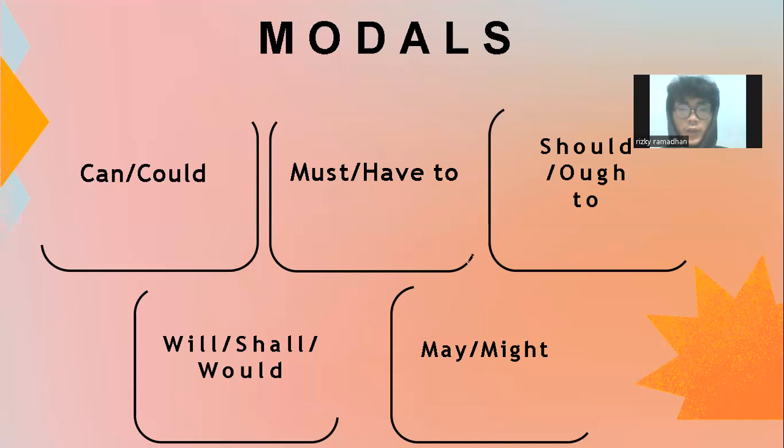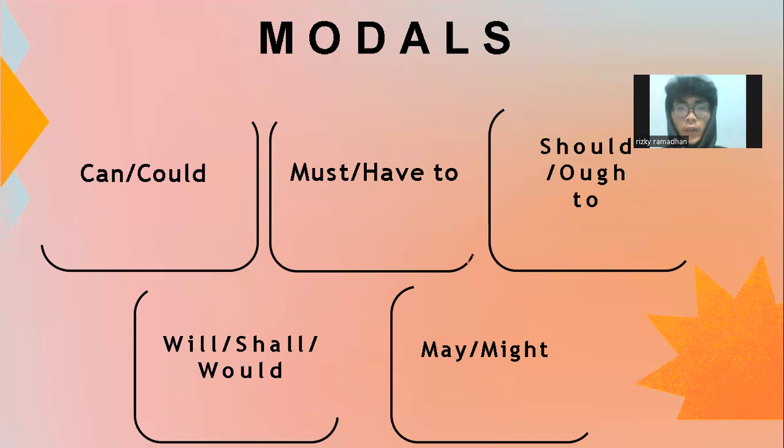Third types of modal is must or have to. Both must and have to are used to express necessary. The difference is that must or have to can be used to express opinions, while have to is used to express general imperatives.